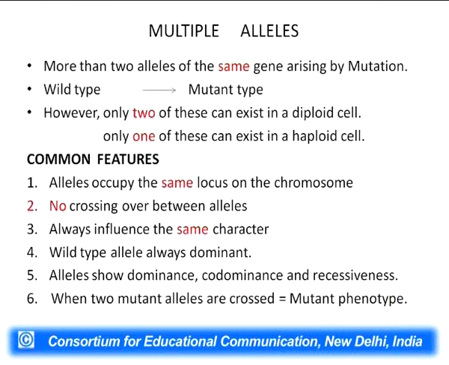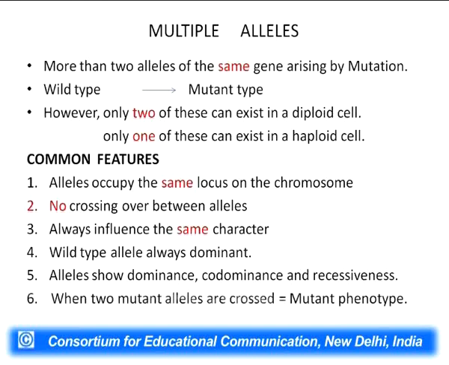I deliberately fell short of using the term absolutely no crossing, because there are some exceptions, very rare ones. And the important point is that these particular alleles, multiple alleles, will always influence the same character. For example, when we are talking about A, B and O, they are always influencing the same character of the blood.